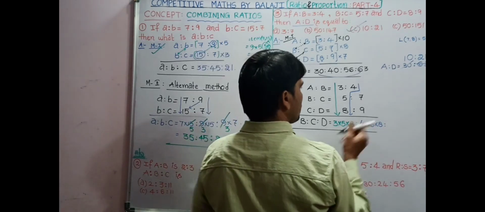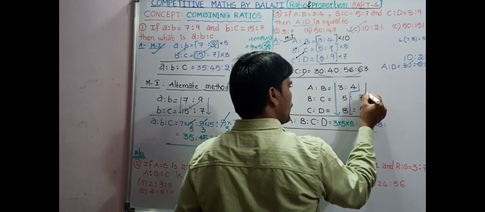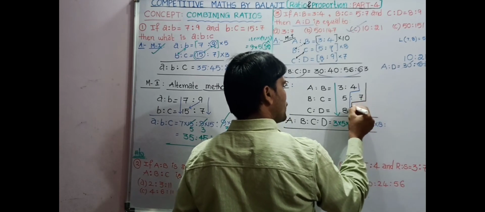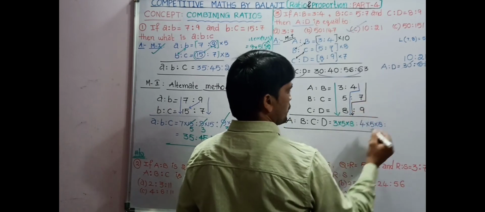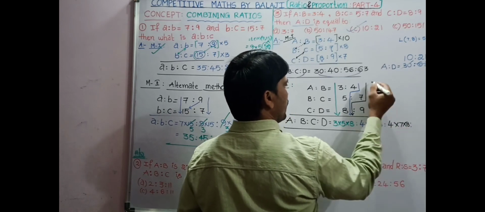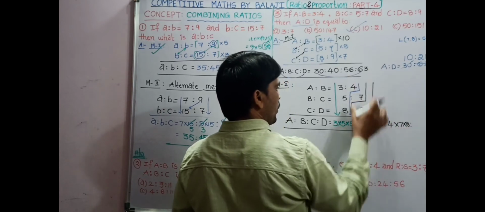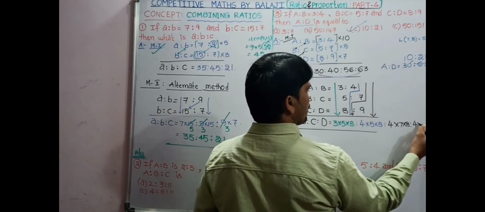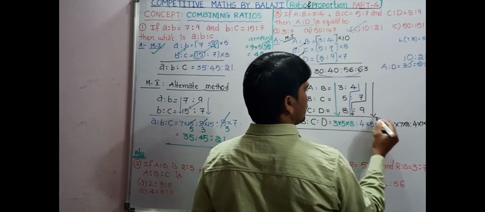And third, consider the product of the second terms of the first two ratios and the first term of the third ratio, that is 4 into 7 into 8, is to. And consider the product of the second terms of all the ratios, 4 7 9.